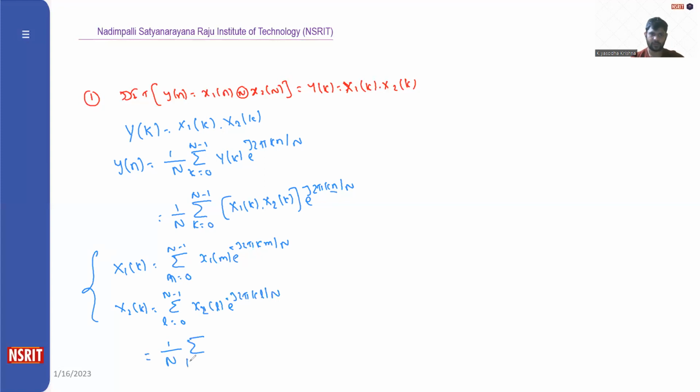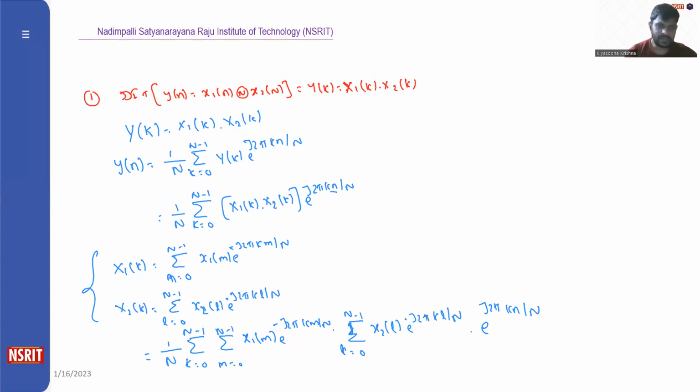You will get summation k equal to 0 to n minus 1, and summation m equal to 0 to n minus 1 of x1 of m e to the power of minus j2 pi k m by n, into again the summation L equal to 0 to n minus 1 of x2 of L e to the power of minus j2 pi k L by n, into e to the power of j2 pi k n by n. We have the form.